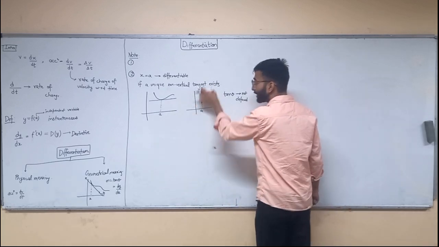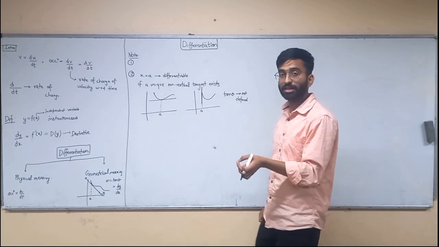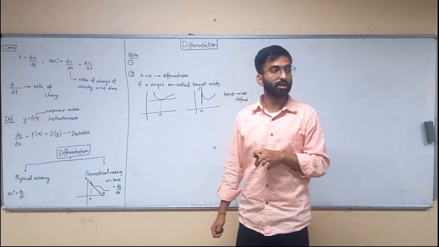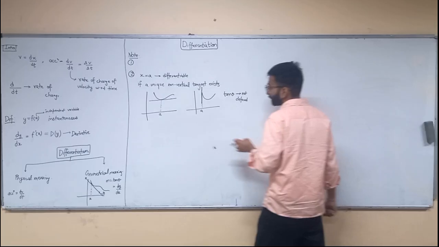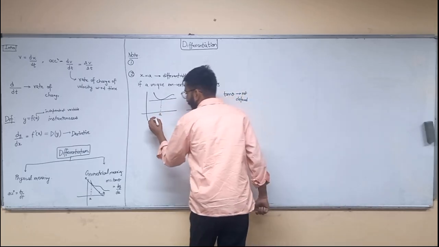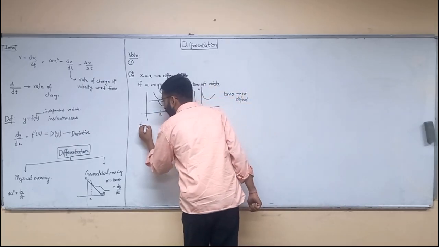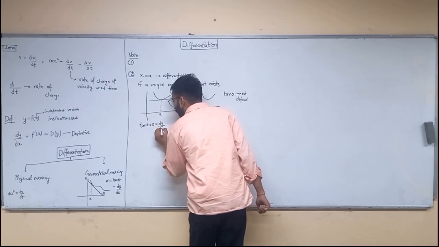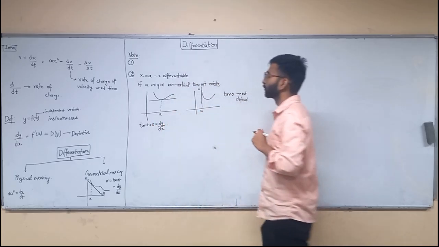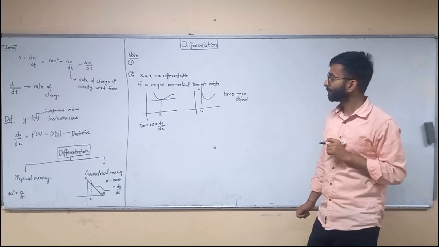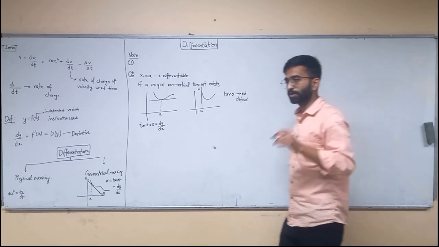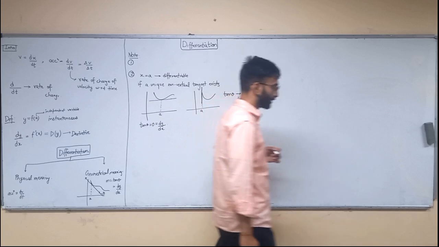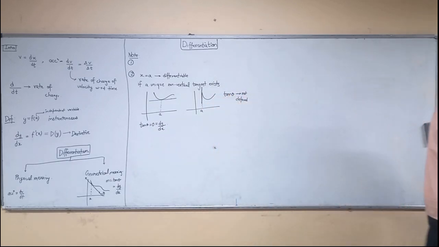But if the tangent slope is not defined, then the differentiation of the function will also not be defined. And here tan theta is 0, so my dy by dx will always be 0. Got all the points? Everyone understood it? Can we move ahead?